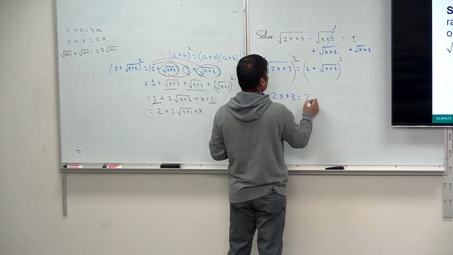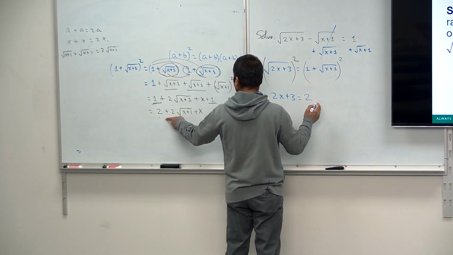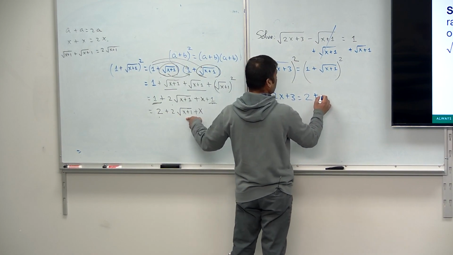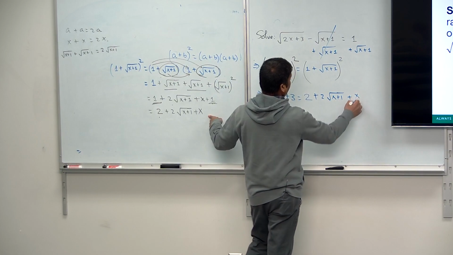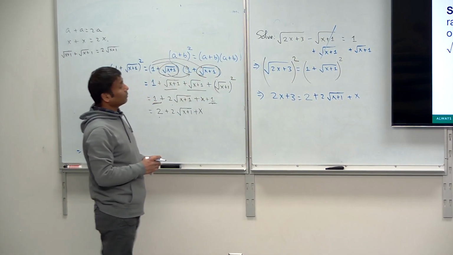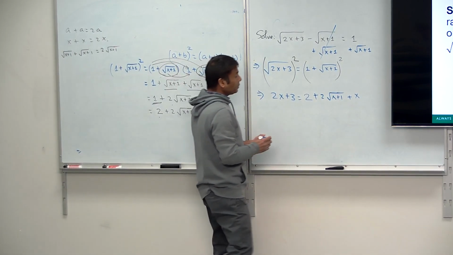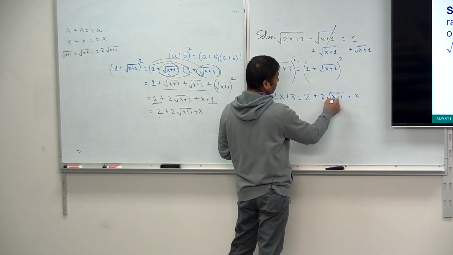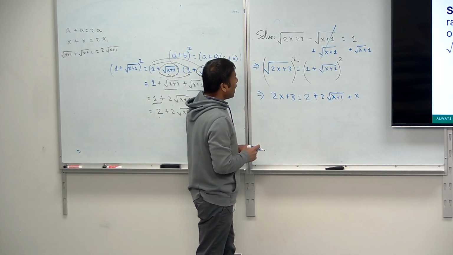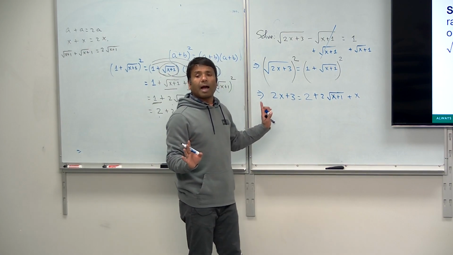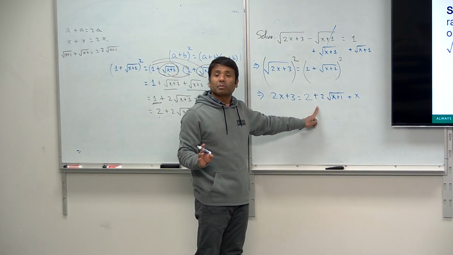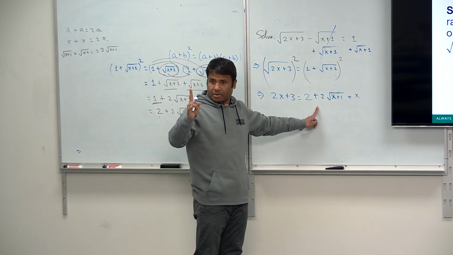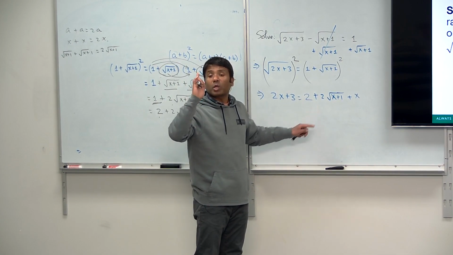This is 2 plus 2 radical x plus 1 plus x. Right? So now, how many radical terms do you have now? Only one, right? So we need to isolate.